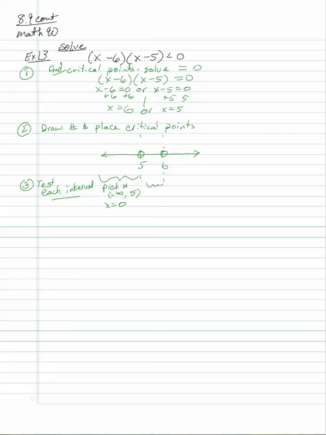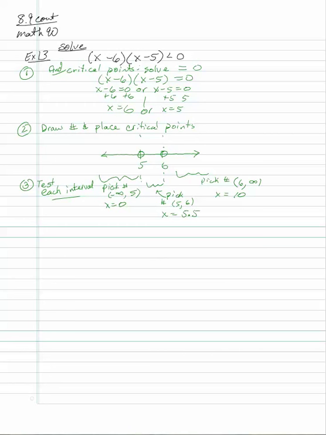Pick a number in the middle interval. So let's say x equals 5.5. And then we're going to pick one from 6 to infinity. So let's say x equals 10.